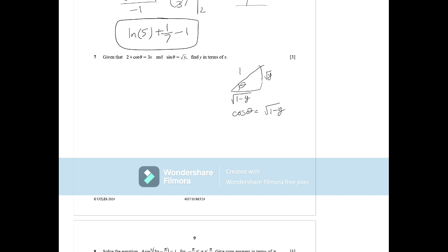You can also use cos theta equals root 1 minus sine squared theta, which would have given you the same result. But 2 plus cot theta is 2 plus cos theta over sine theta, which is equal to 3x. 2 plus root 1 minus y over root y is equal to 3x.